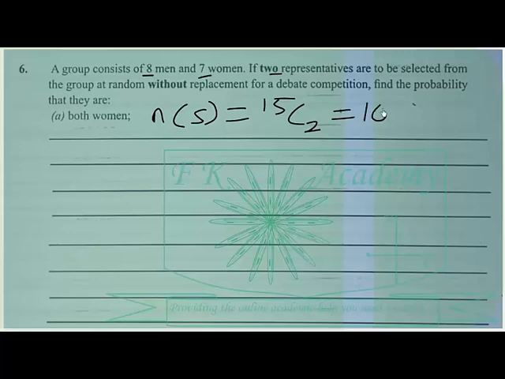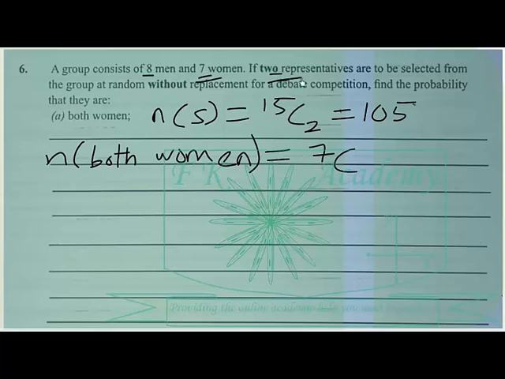and that will give us 105 ways. Then the number of ways we can choose 2 women is given by the number of women, which is 7, combination the number of people we are choosing, which is 2, and that will give us 21.